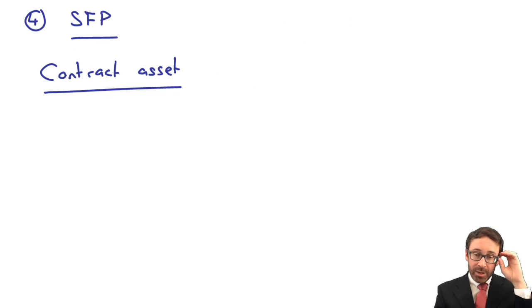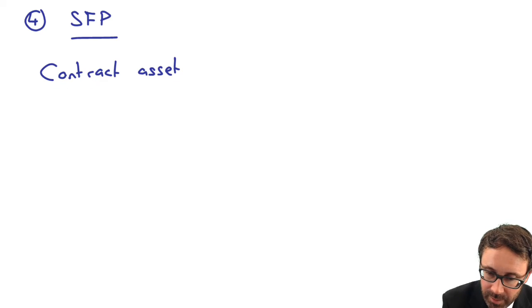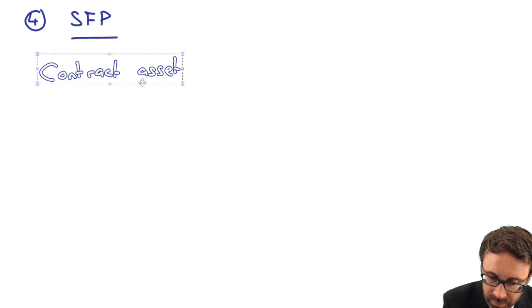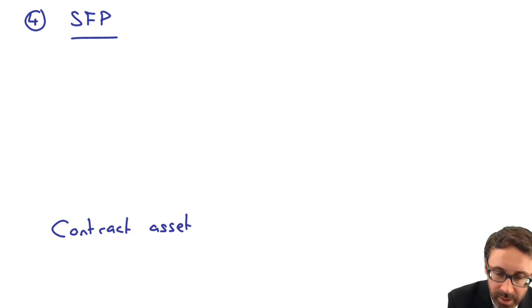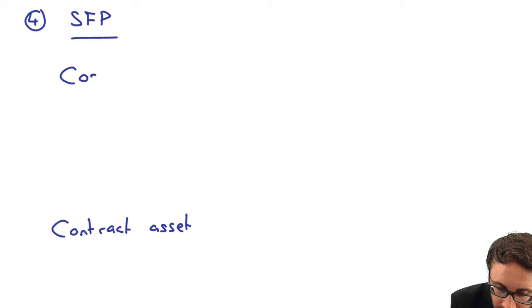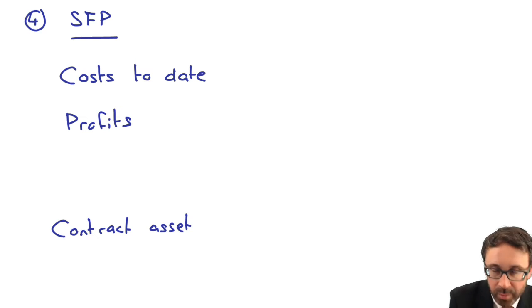The contract asset, how do we go through and work that out? So your contract asset, let's just move that down because we need to do a bit of a calculation, don't we? We need to work out your costs to date. We then add on your profits because it was a profitable contract.